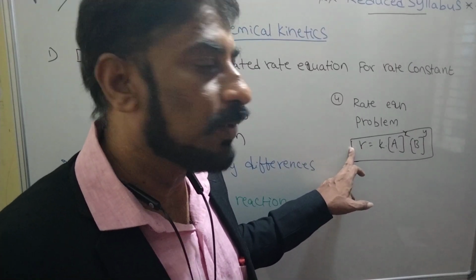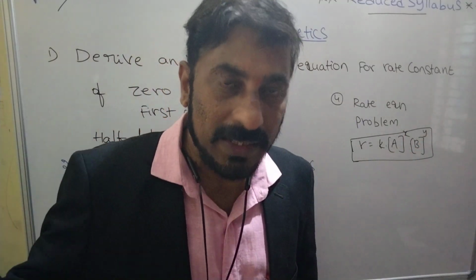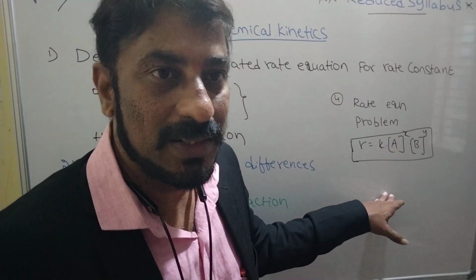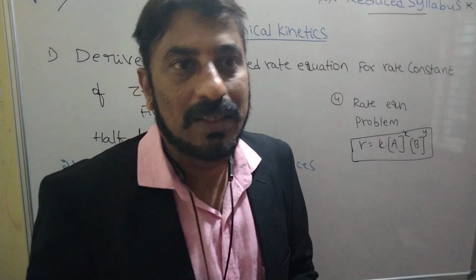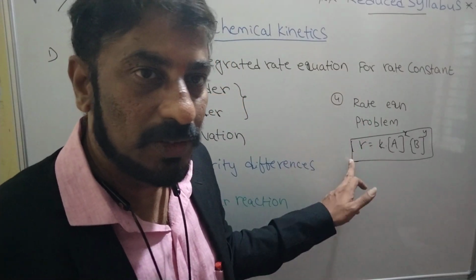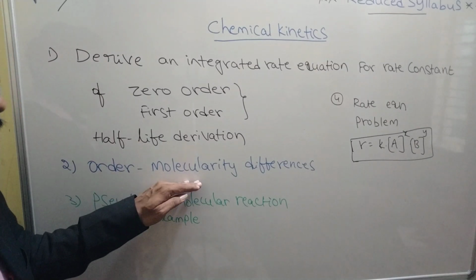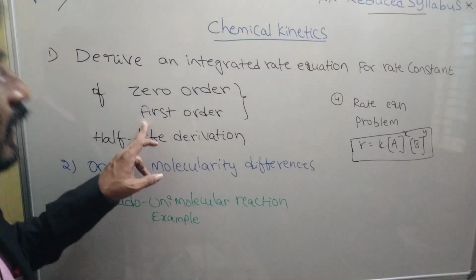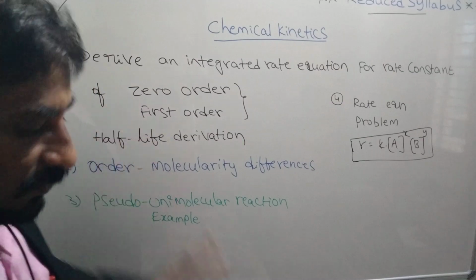For the problem, how to calculate: you know R is equal to K into A power X, B power Y. Consider the given conditions, apply them, and take R2 by R1, and you will get the order of the reaction. Like that the questions will be asked. So anyhow, rate equation problem or definition with problem, pseudo unimolecular reaction example, order and molecularity differences, half-life derivations for zero order and first order reactions, and integrated rate equation for rate constant of zero order and first order reactions.